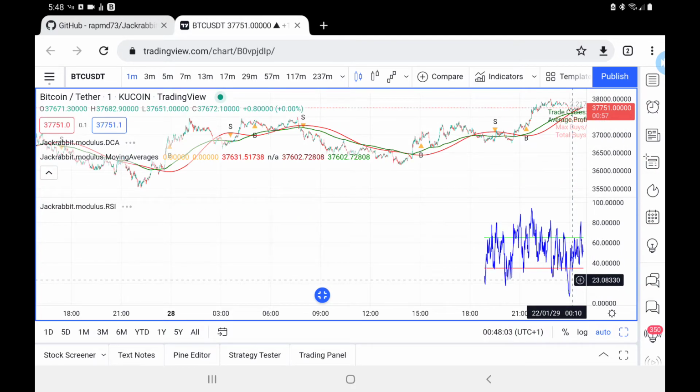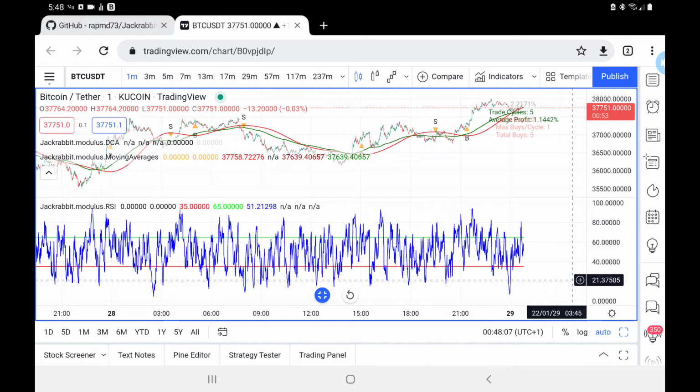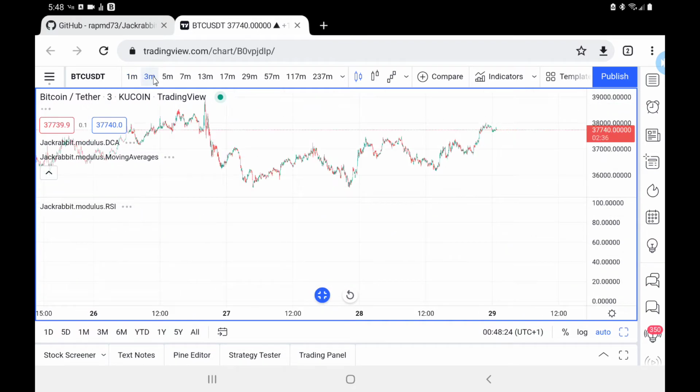And here I simply added an RSI. Now you'll notice we went from 14 down to 5 and only one position. So this is literally a one-hit approach, at least on the 1 minute. Let's look at the 3 minute.